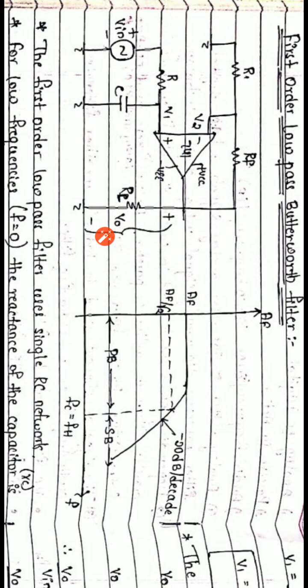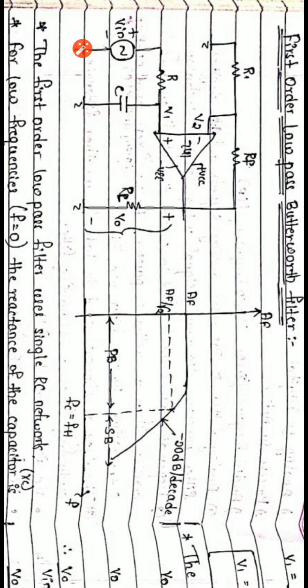Now we will concentrate on this RC network and discuss how this circuit allows the low frequency components and blocks the high frequency components. As we know, the capacitor reactance is inversely proportional to the frequency of the input signal.